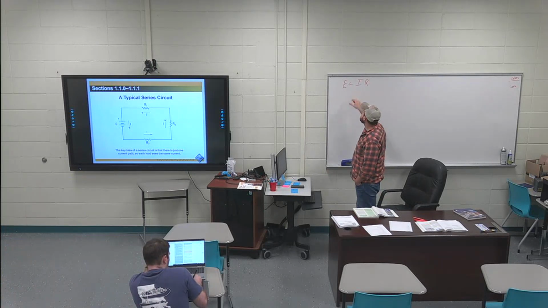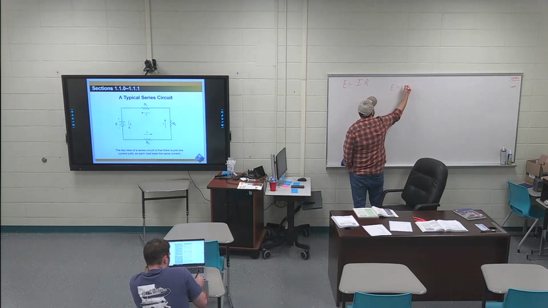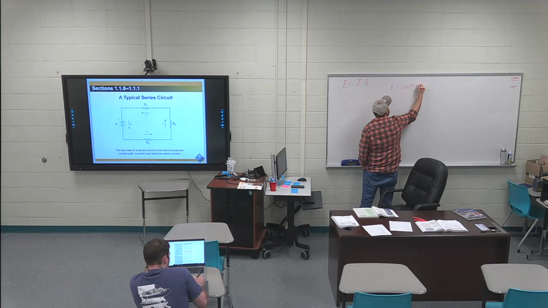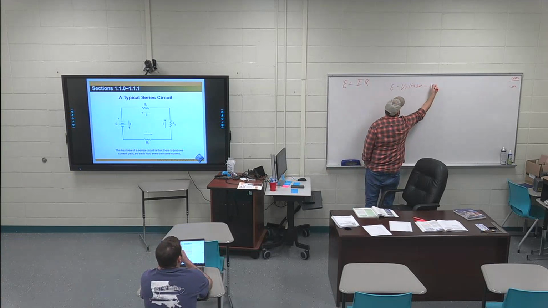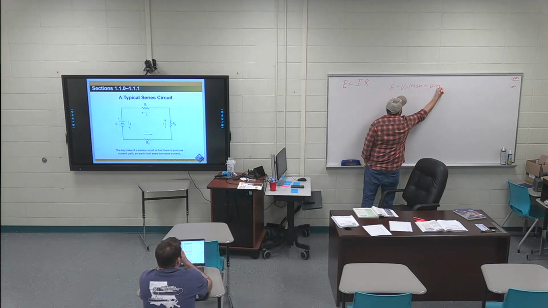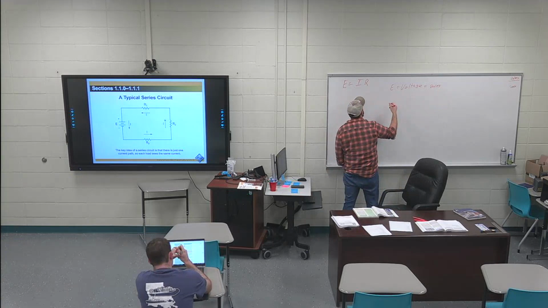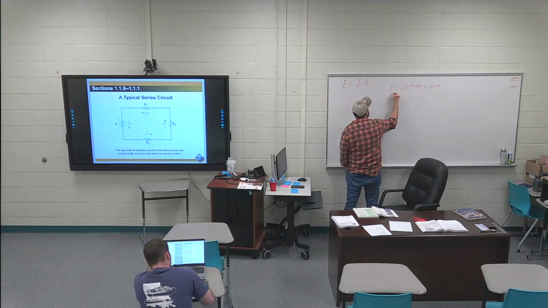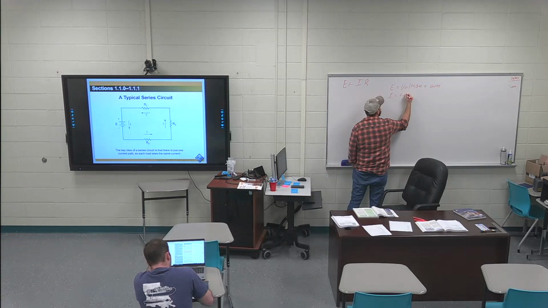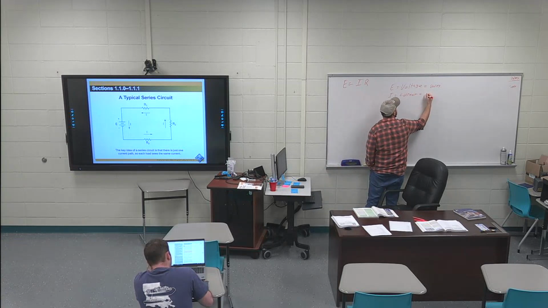So that's some of the biggest stuff to realize: E stands for voltage, and it's represented by volts. That one seems pretty basic. I stands for current. Current's measured in what? Amps.